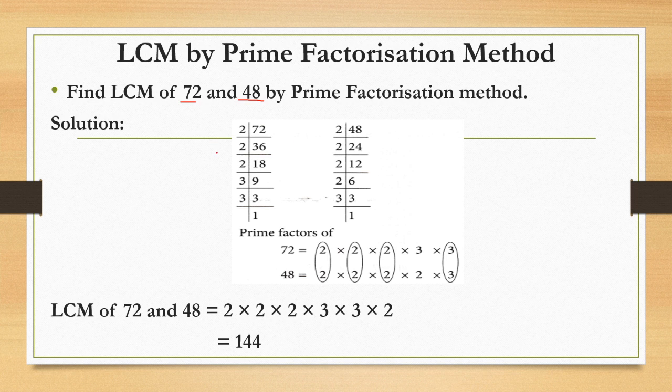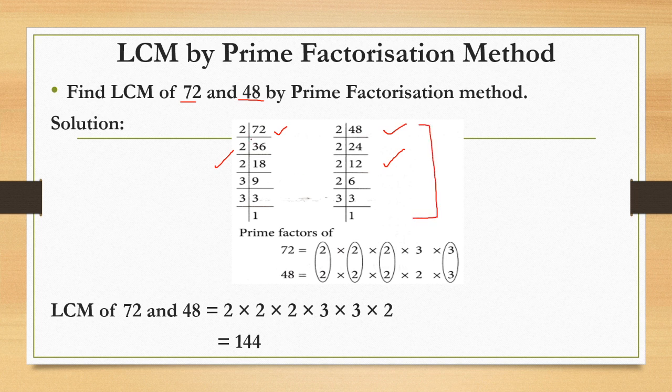So this is the prime factorization of 72, and this is the prime factorization of 48. In prime factorization, we divide the number by the smallest prime numbers. I have explained this in HCF also, so I am not repeating it here.